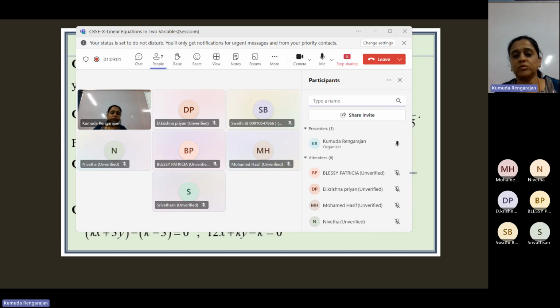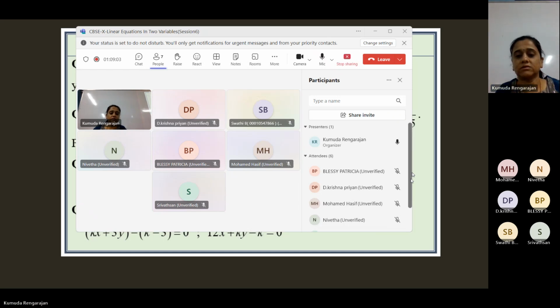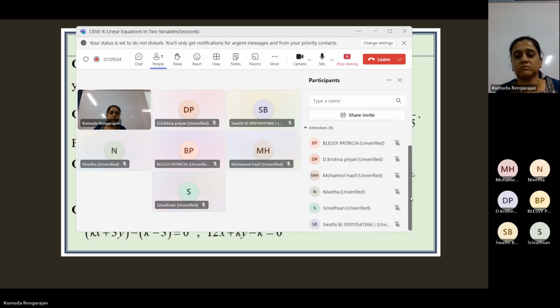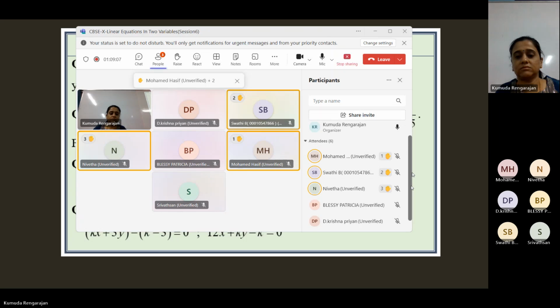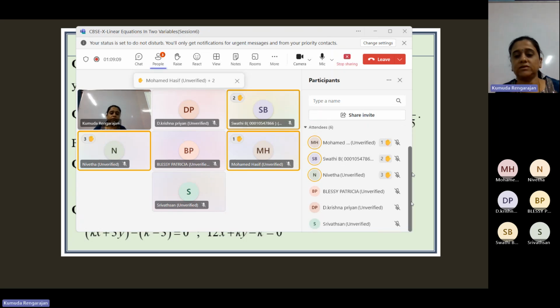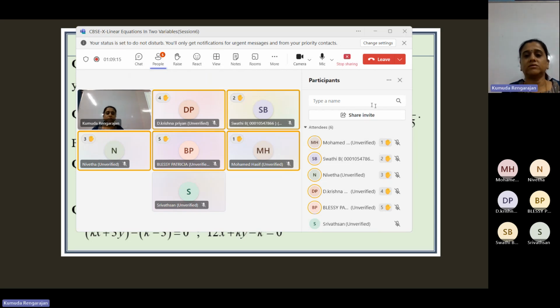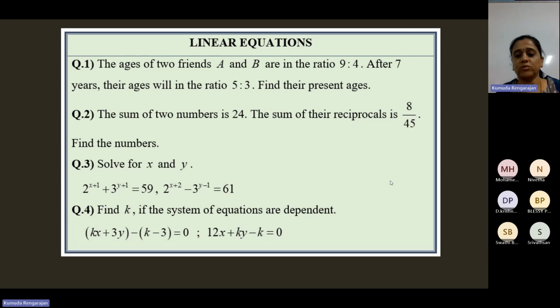Online children, use emoji, raise your hand. Asif, Swati, Niveda, Krishna Priyan, Blessy, and Srivatsan. Very good. Yeah, thank you, children. Please continue working.